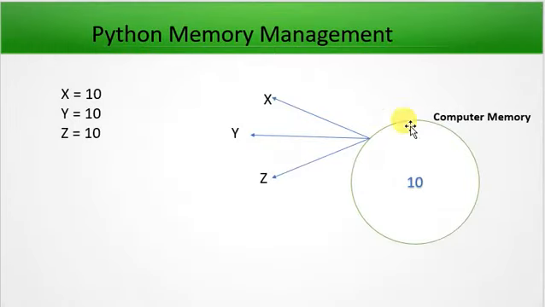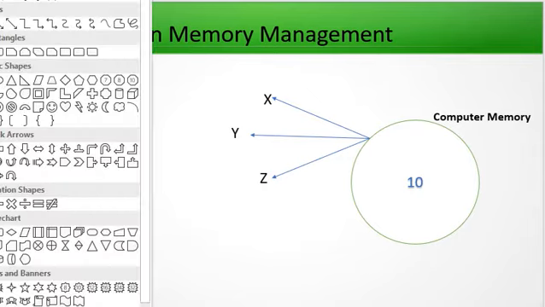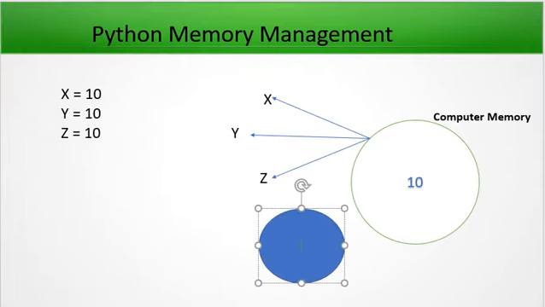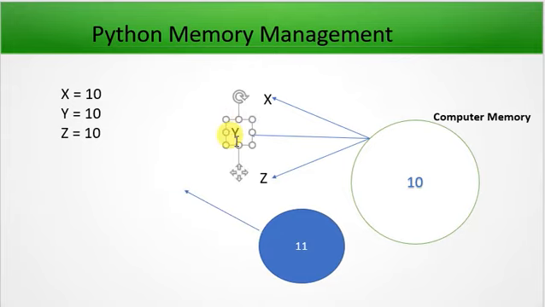In this picture, we will have another location created where the value would be 11, and x would point to the 11, like this. Here our y and z will remain, and the old one would be deleted. This is how Python manages its memory.